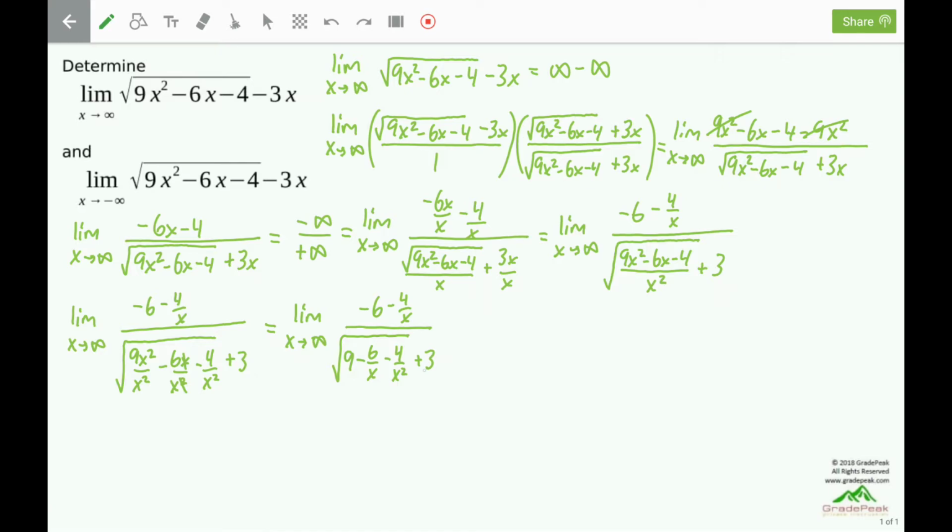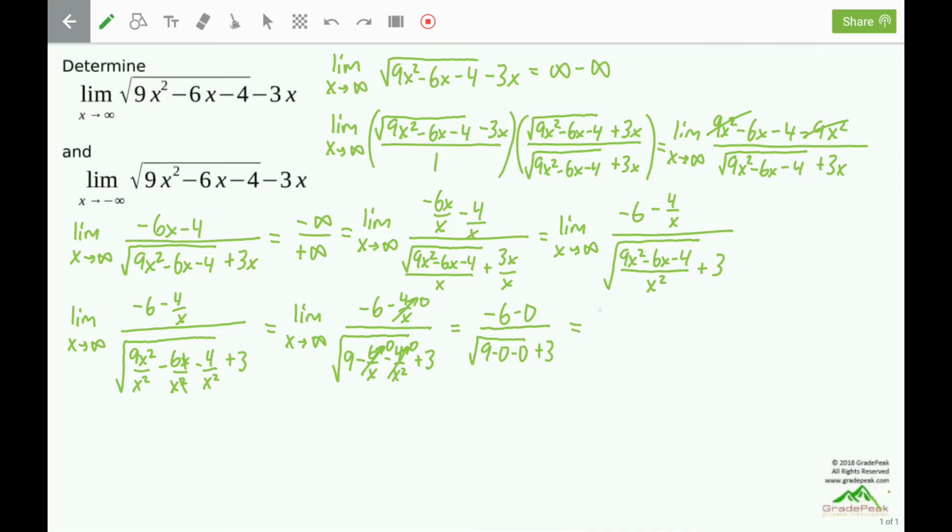Each term that is a constant divided by x to a positive power will go to 0 as x approaches positive infinity. The result is negative 6 minus 0 divided by the square root of 9 minus 0 minus 0 plus 3.